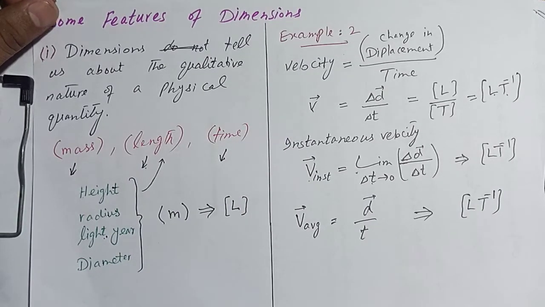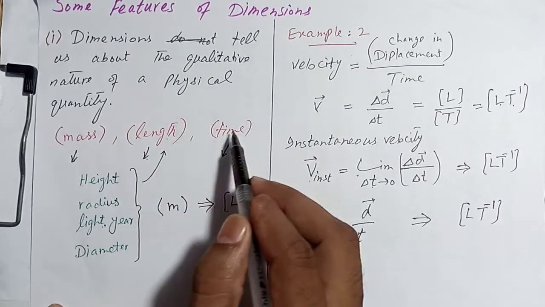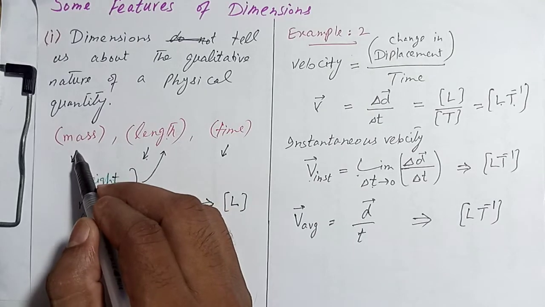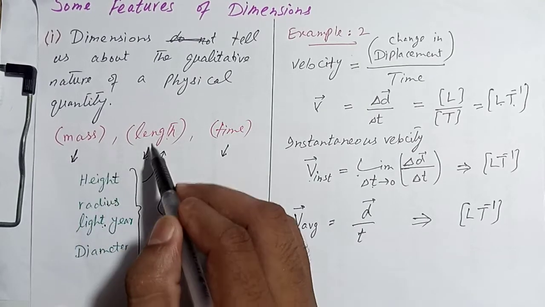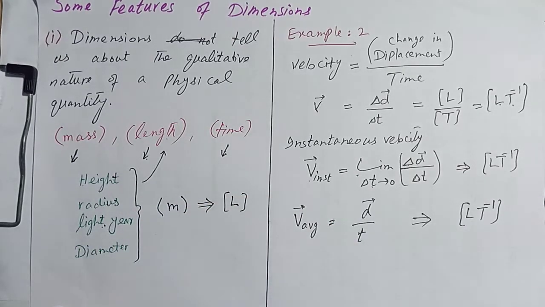Any physical quantity, for example, mass, length and time, these are three physical quantities having different nature, having different sense.